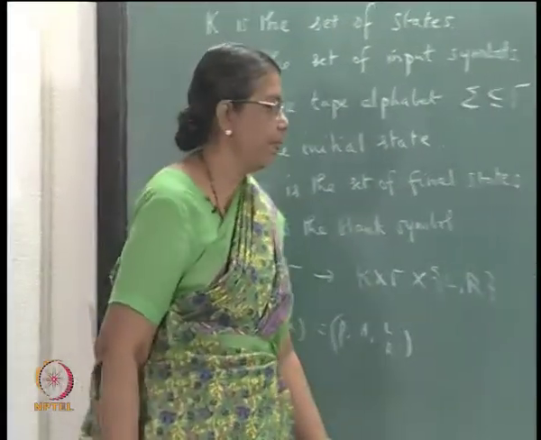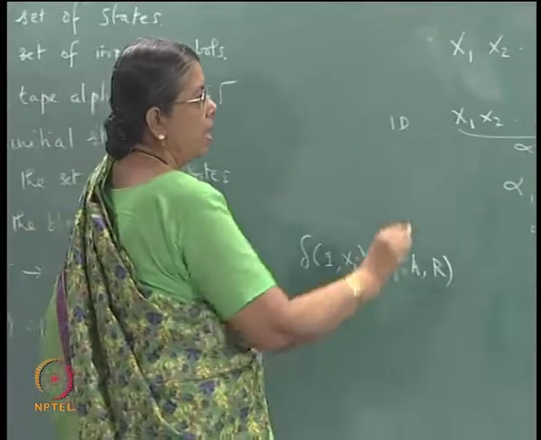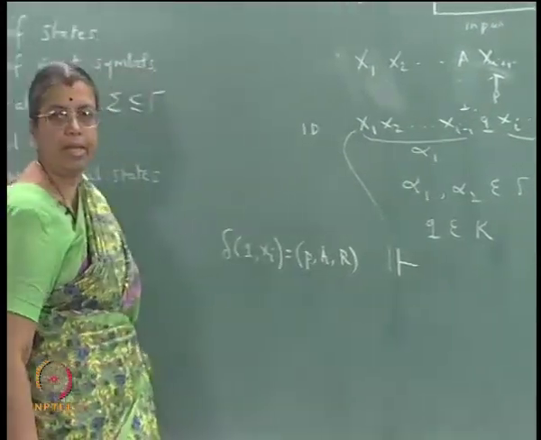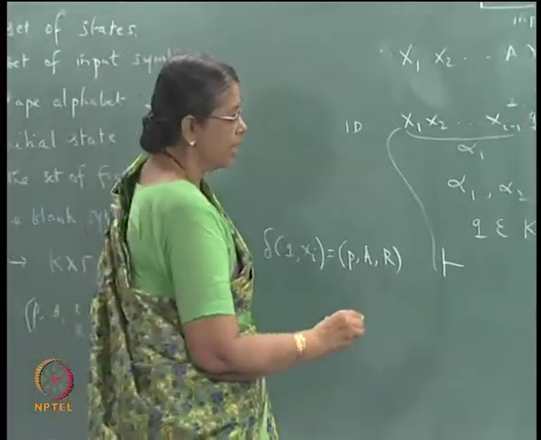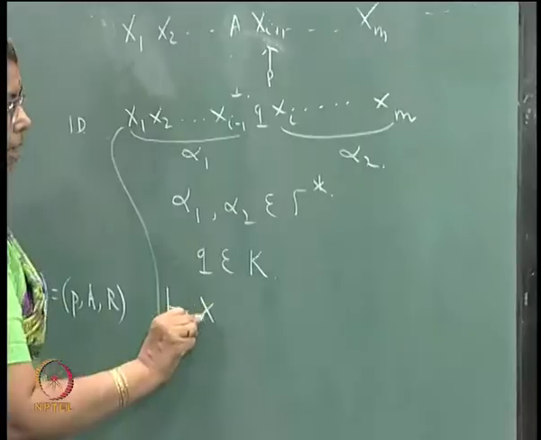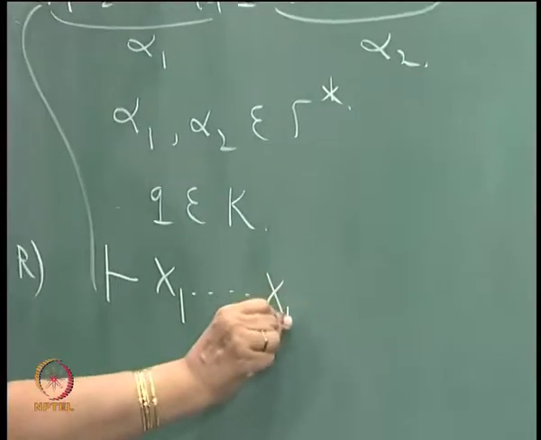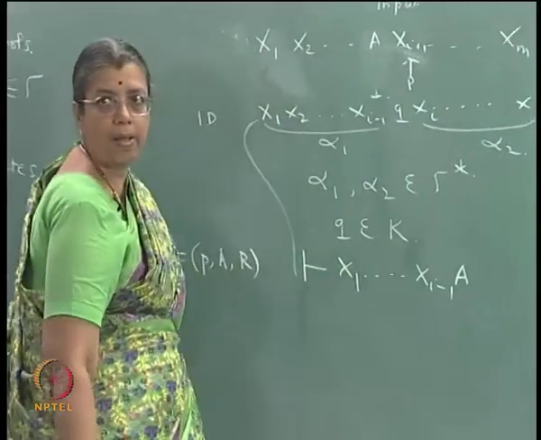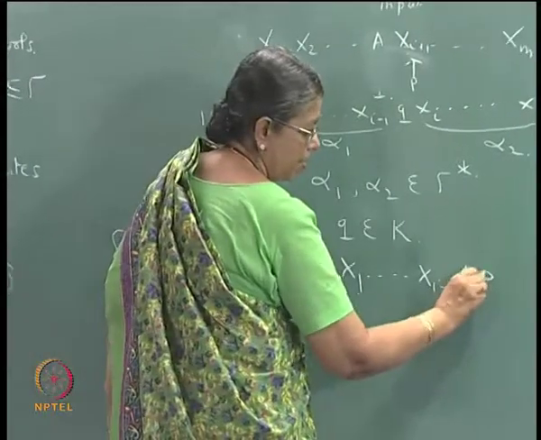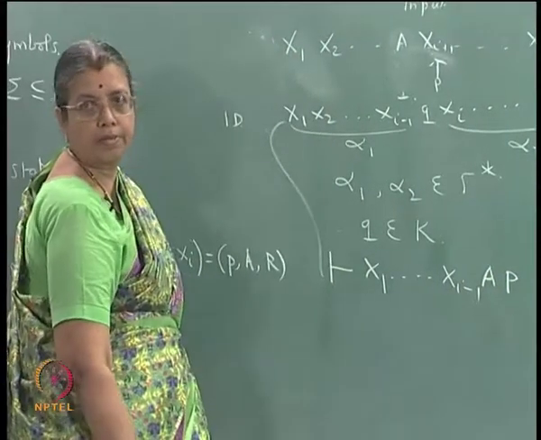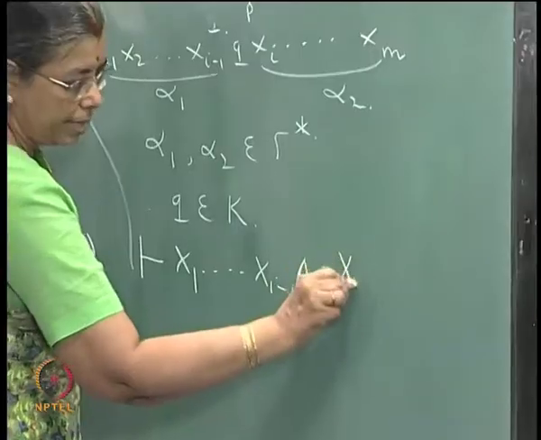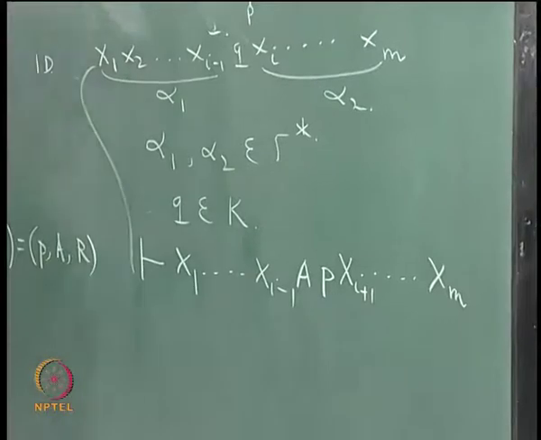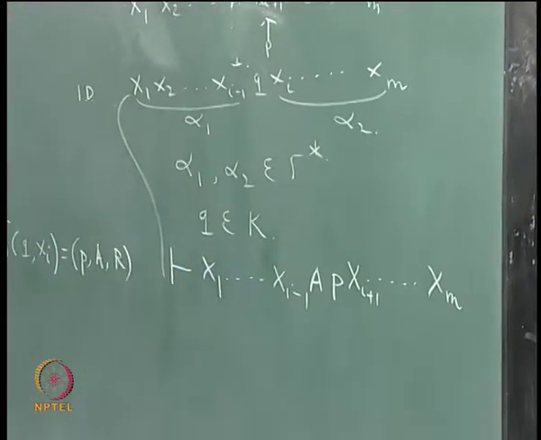Then from this ID, the next ID is x1 x2 ... x(i-1), xi has been replaced by a, the next symbol is p and it is reading x(i+1), so this will be the next ID.